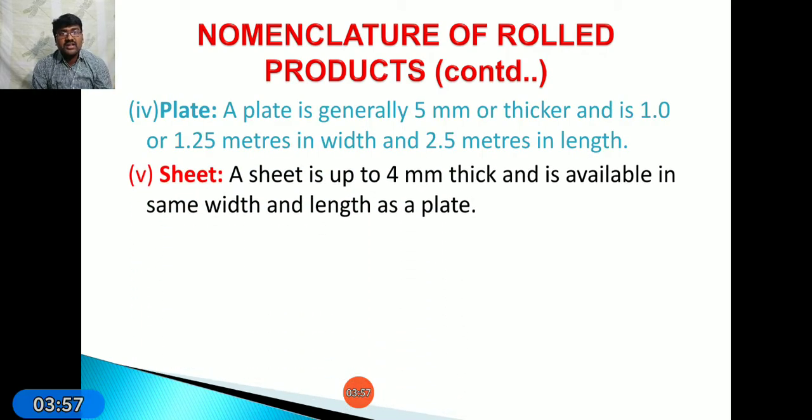Next, coming to sheet. A sheet is up to 4 mm thickness, that is the maximum. It is available in the same width and length as a plate, but the main difference is thickness: the sheet is up to 4 mm thick, whereas in the case of plate it is 5 mm minimum.